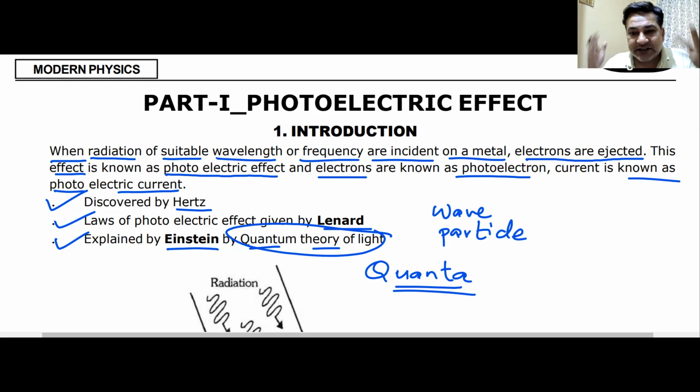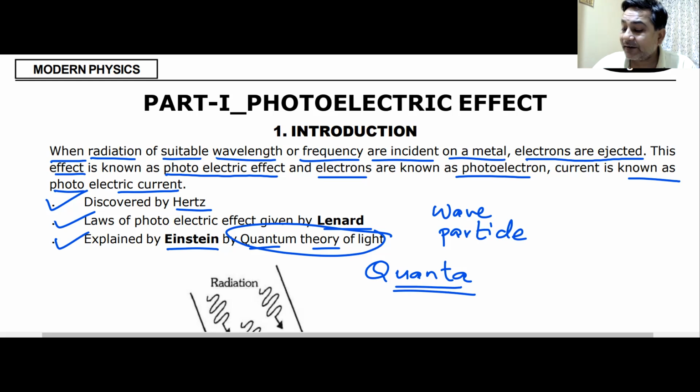There are some phenomena which can be explained by both, by the particle theory of light and by the wave theory of light, reflection, refraction, and so on. Therefore, light has dual nature. It has wave nature as well as particle nature. We understand this? Yes, sir.